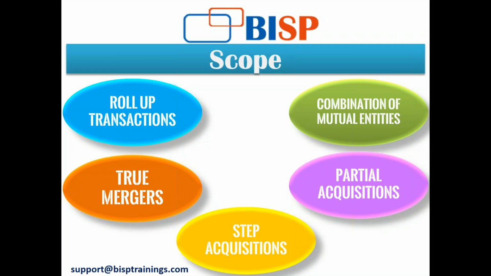But in step acquisition, I was already in a transaction in a way where I held certain voting rights of the entity, but they were not substantive enough for me to control it. So this is the difference between partial acquisition and step acquisition. Partial acquisition can happen anytime, I do not need to have any trade, merger or acquisition with the acquiree. But in step acquisition, I must already have certain investment in the acquiree in terms of voting rights.